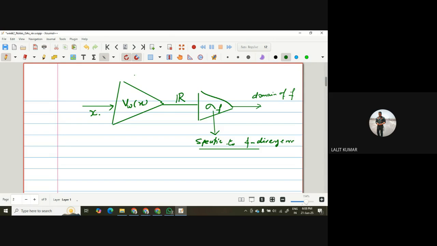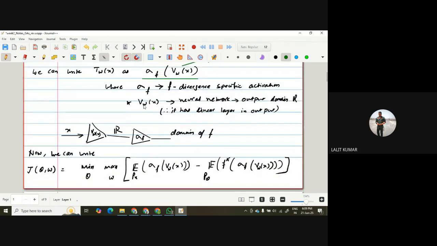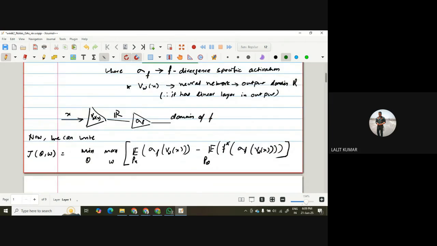So this entire thing is your T_w(x). I've written the same thing: it takes x, passes through a neural network, and this neural network gives a real number. Therefore this output layer will be a linear layer, a single MLP unit. Then it passes through this specific activation function, and gives the output in the domain of f.